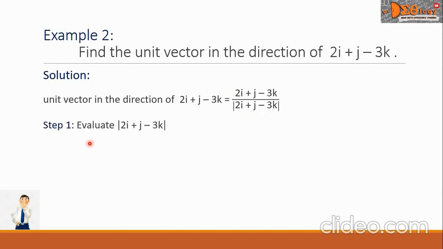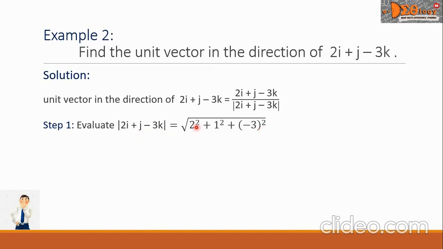For step 1, let us evaluate the denominator, the length of 2i plus j minus 3k. So we have this big square root. The coefficient of i, that is 2, we put a square, plus the coefficient of j, which is 1, we put a square, plus the coefficient of k, that is negative 3, and we put the square.